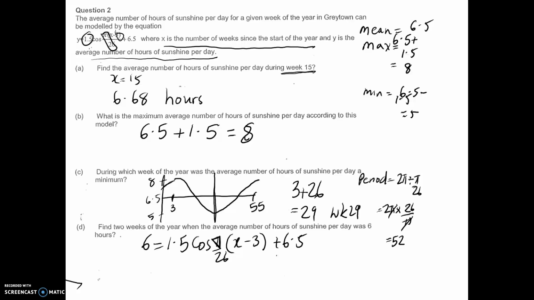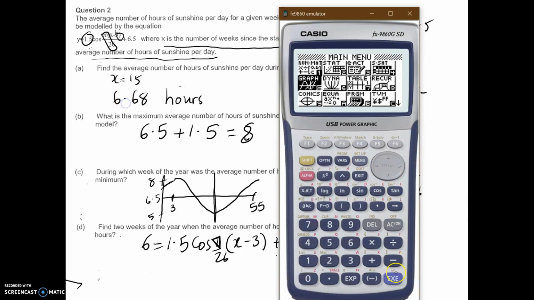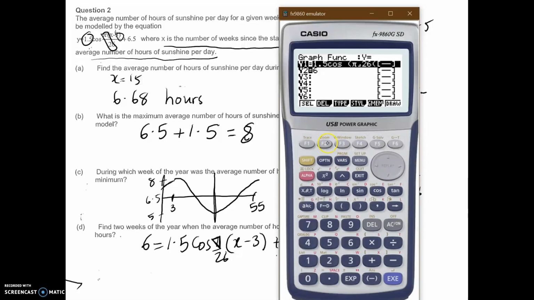Now what we're going to do is enter the right-hand side as one function and 6 as the other, and find the intersection point. I'm going to show you how to do that using the graphics calculator. In your graphs, if you have a graph already there, you just delete it.